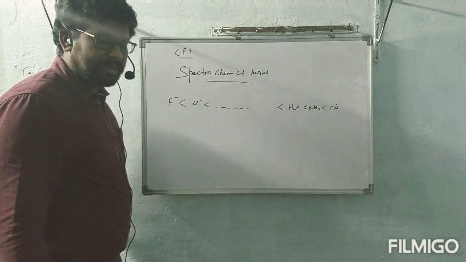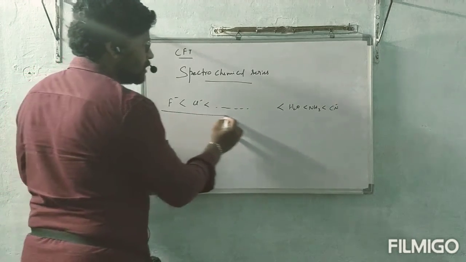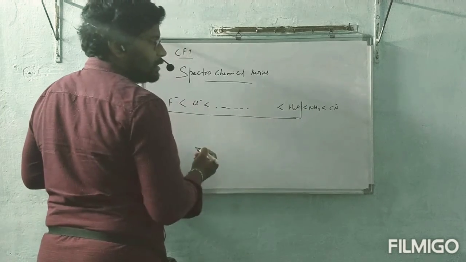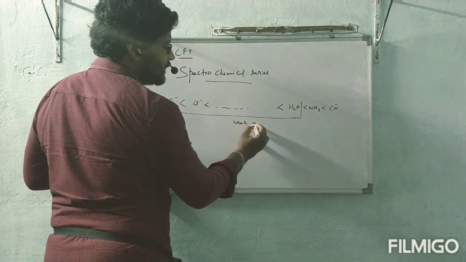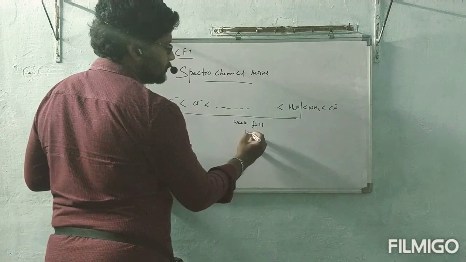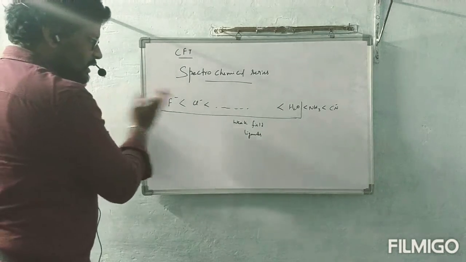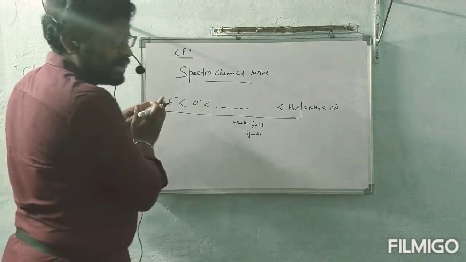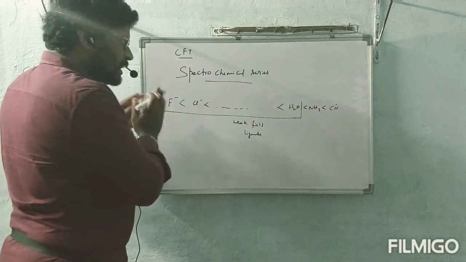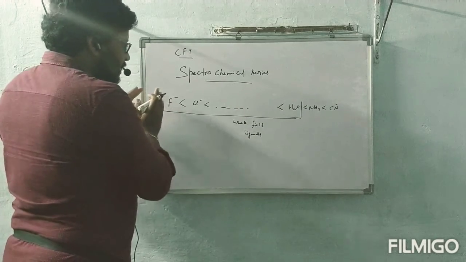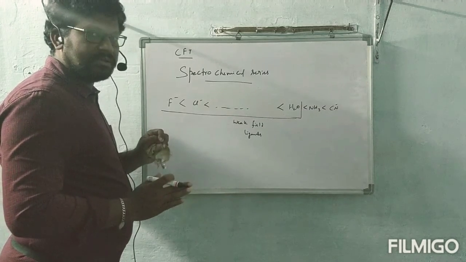In that spectrochemical series, note down one point: from the left up to water, these are all weak field ligands. All the halogens, F minus, Cl minus, I minus, are kept under weak field ligands only.